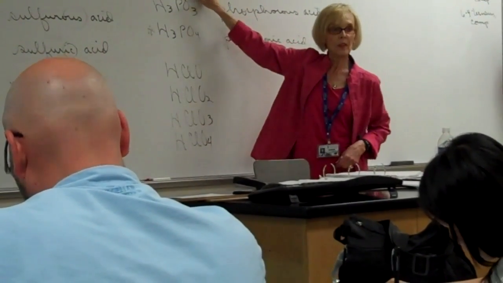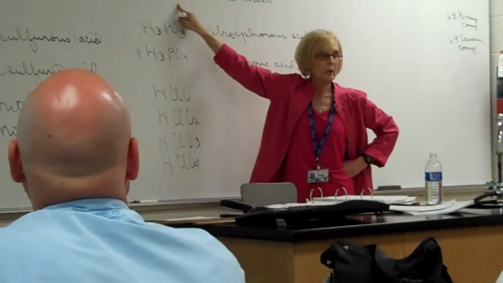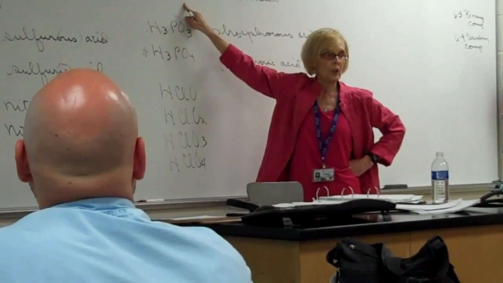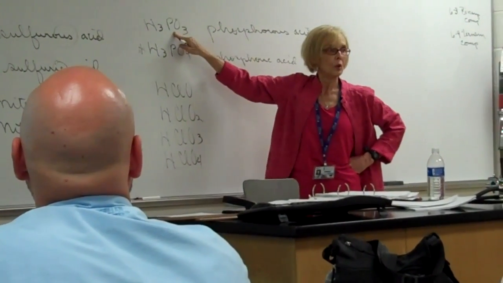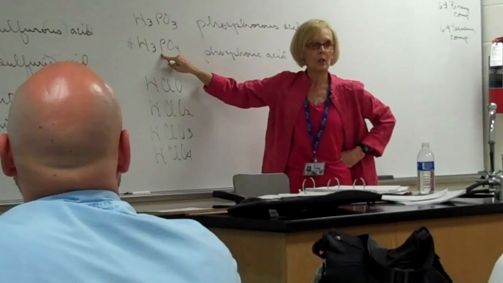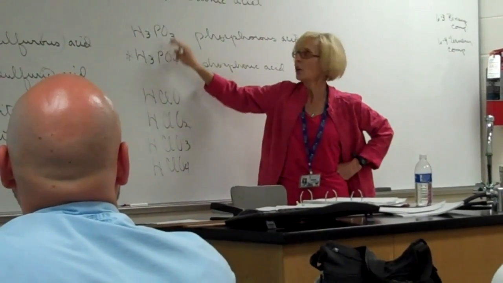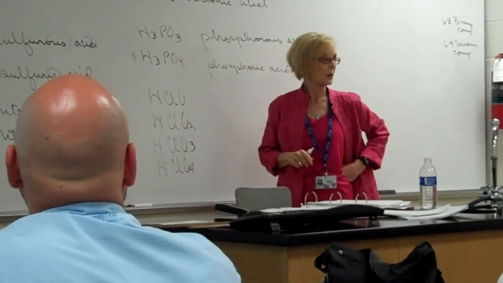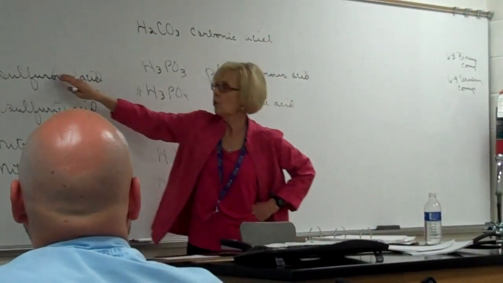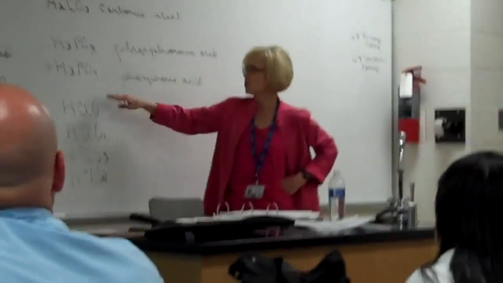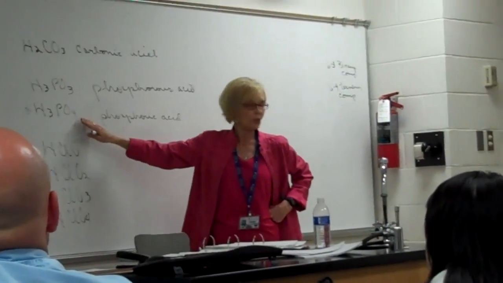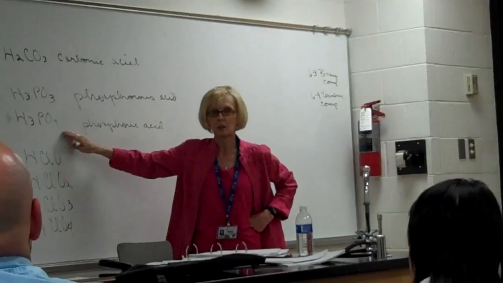I don't think I pointed at these. Strong or weak? Weak. Strong or weak? Weak. Weak. Weak, strong. Weak, strong. With phosphorus there, hey, they're both weak. If they're tossing that in your Coca-Cola, chances are good it's not strong.